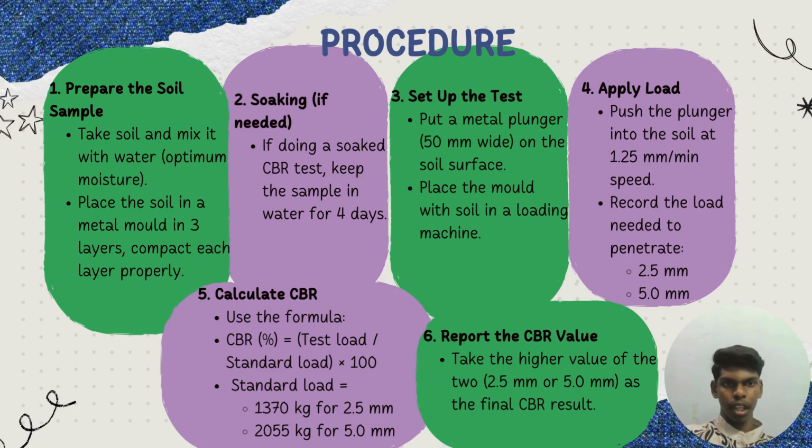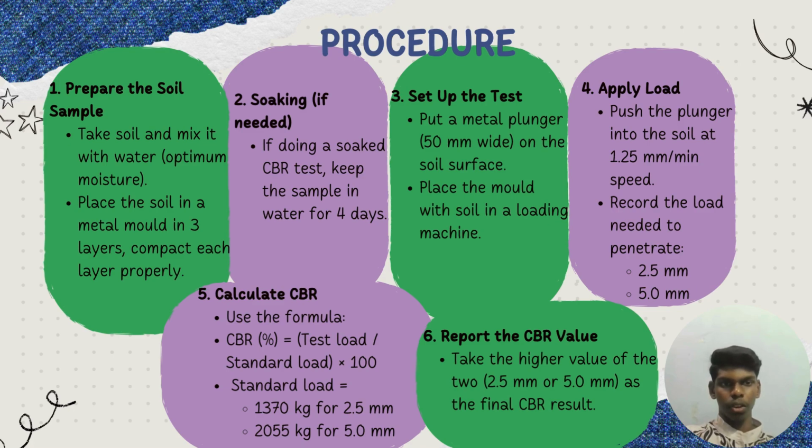Next, if we are doing a soak test, we soak the mold in water for 4 days to simulate wet conditions in the field. After that, we set up the test by placing a 50 millimeter wide plunger on the soil surface and positioning the mold in the loading machine.